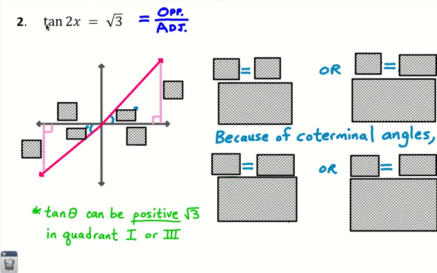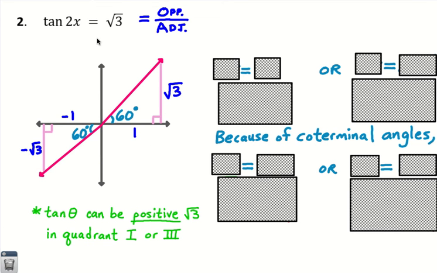So we can already consider the tangent of whatever all by itself, and we can go right to our cheat chart or go right to these pictures, okay? Because, again, we're going to figure out what 2x could be, which will lead to us figuring out what x could be.